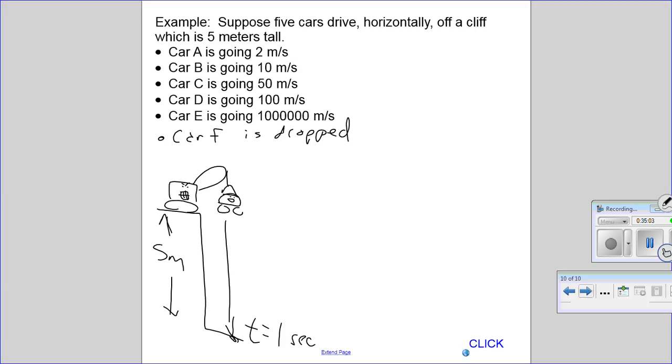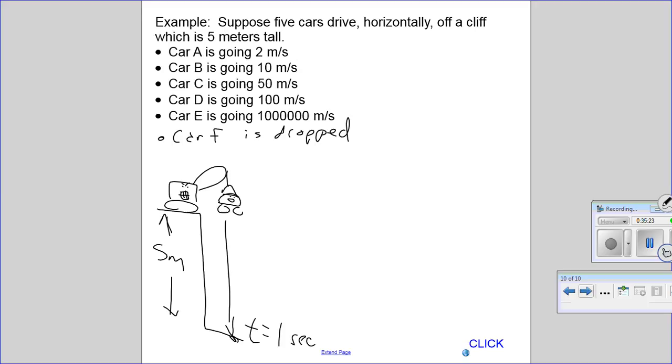Everybody good? Now, rule number 2 tells us that all objects fall down at negative 10 meters a second squared, even if they're moving horizontally. So theoretically, they should all hit the ground at the same time.